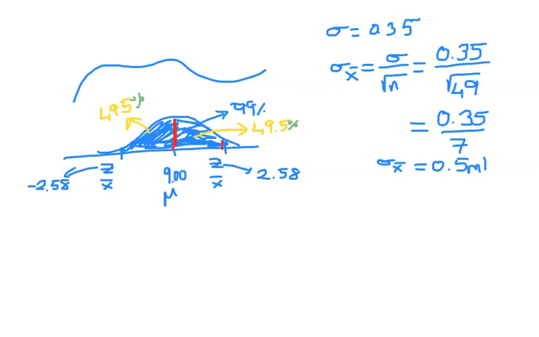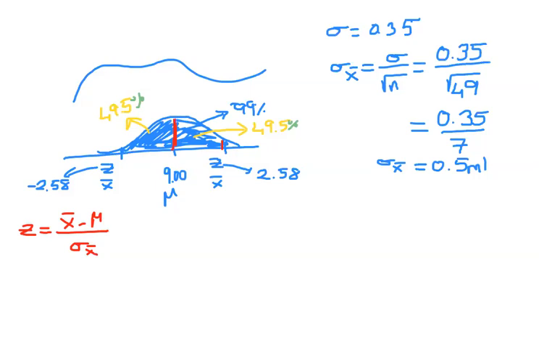I can now use my z formula. So z is equal to x bar minus mu over sigma x bar.